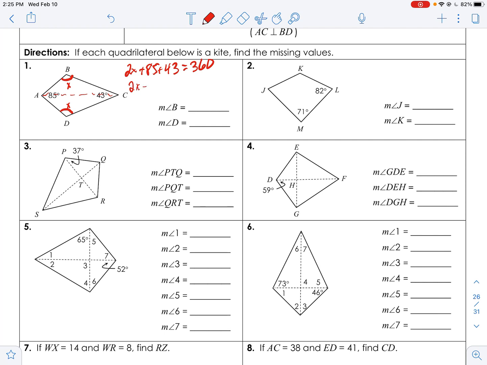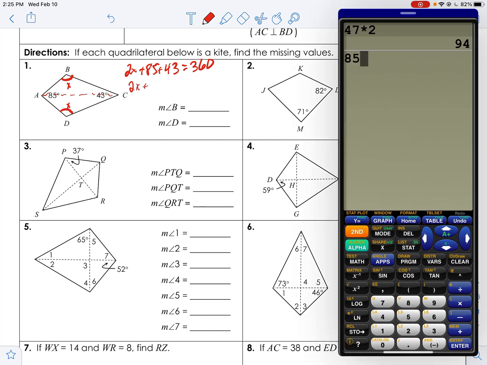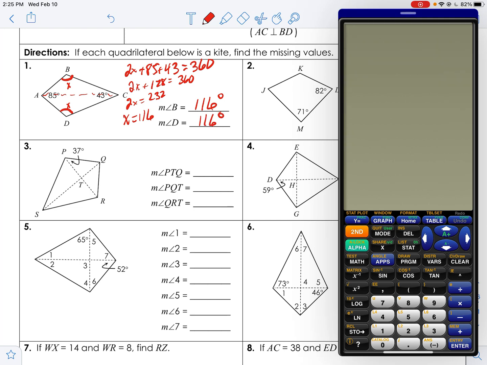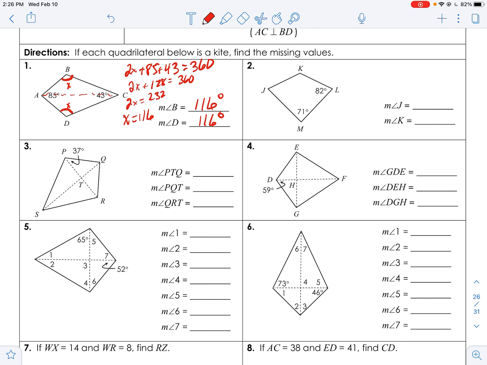So we should have 2x plus 85 plus 43 equals 128 equals 360. 360 minus 128 is 232 divided by 2, 116. So 116 degrees. And we're going to use that a lot.